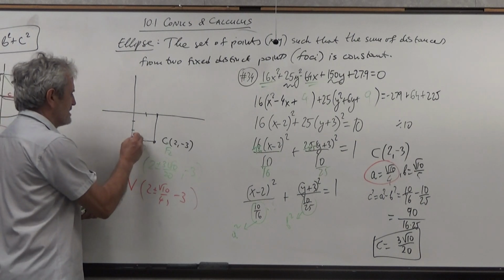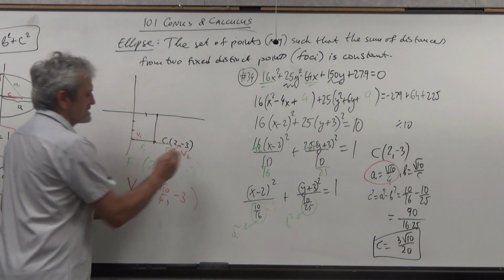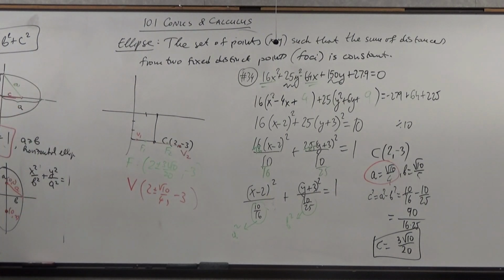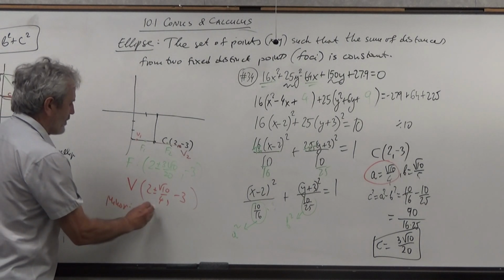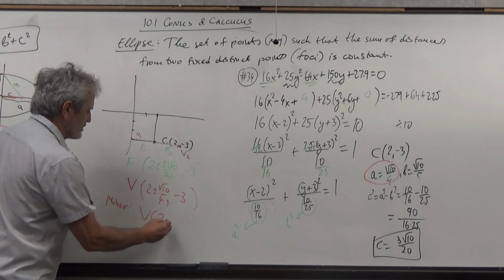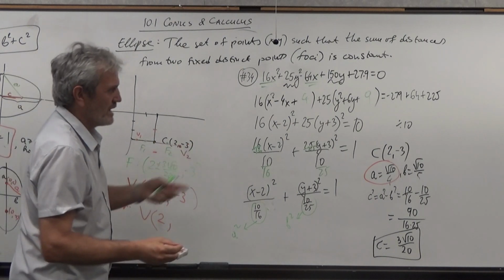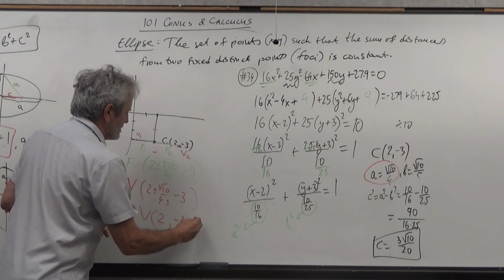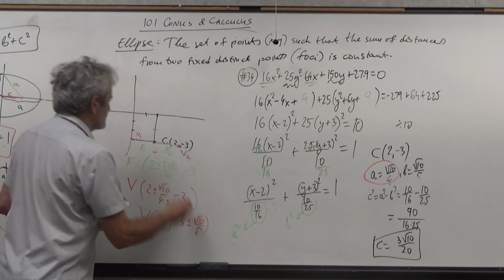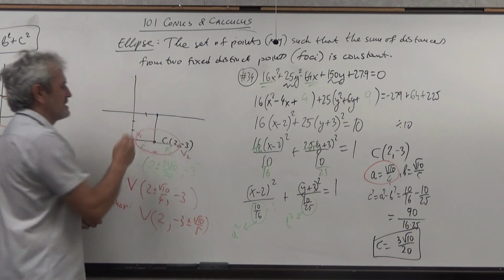So that would be vertex 1 and vertex 2. And then on the minor vertices, now I need to shift vertically, so it would be 2, and then up and down, I would go by root 10 over 5, so it would be negative 3 plus or minus root 10 over 5. So here are those vertices, and here's the picture.